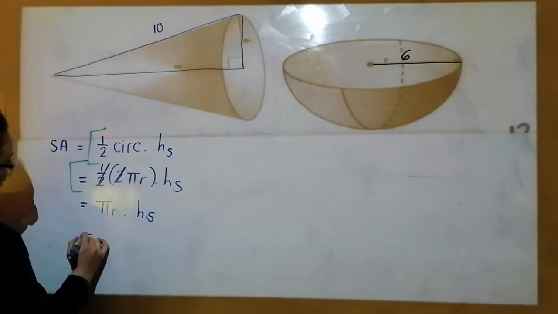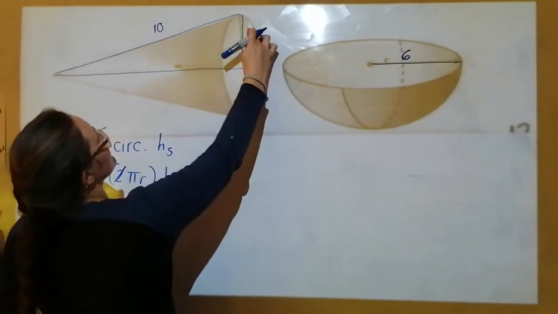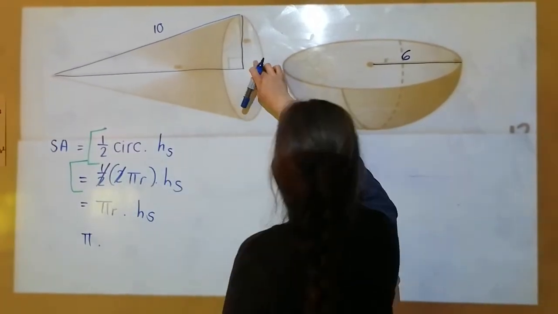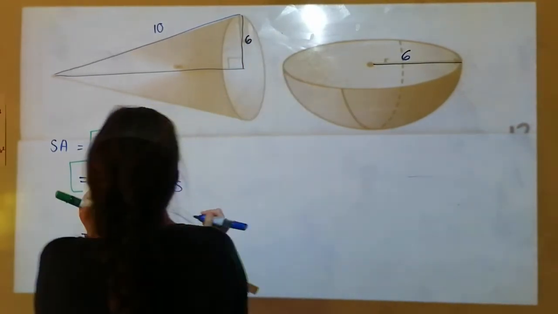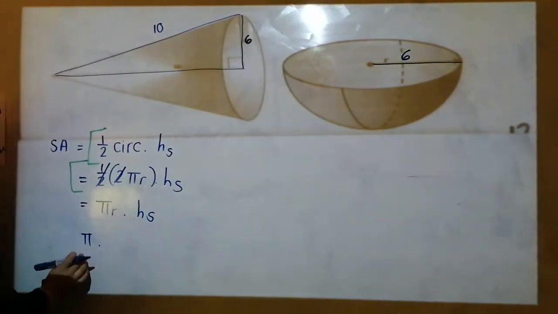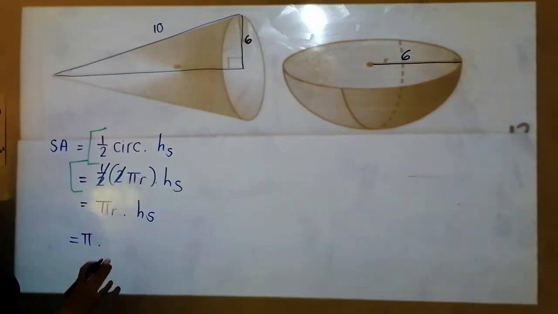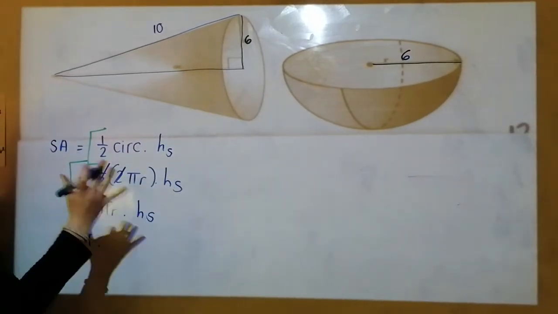So I'm going to fill in what I know. It's pi times r, my radius, which is it 6 or is it 9? I'm making it 6, okay? Or what did I use? Yes, I'm making it 6. You can't see if it's 9 or 6. I'm sorry if someone disagrees with me. I'm using 6, I'm sure it's 6. Why?